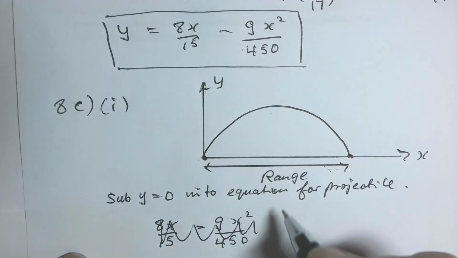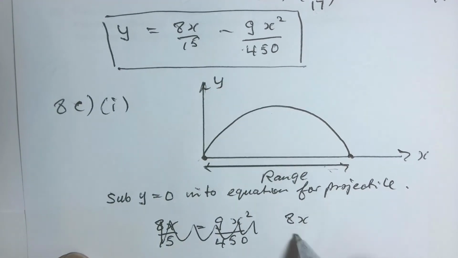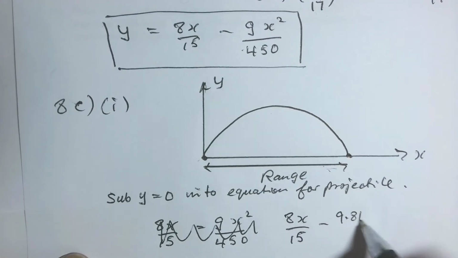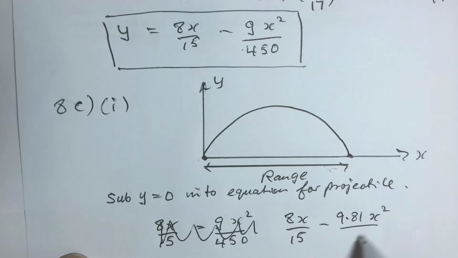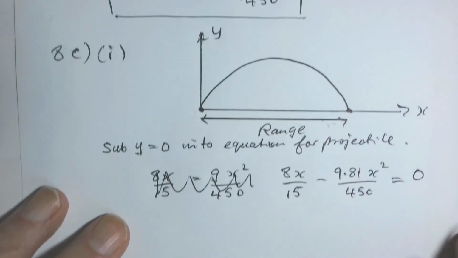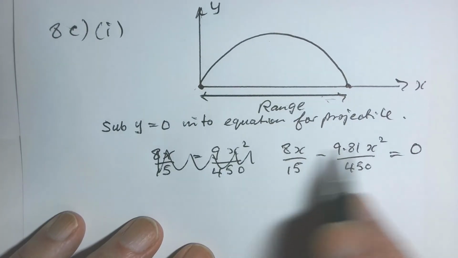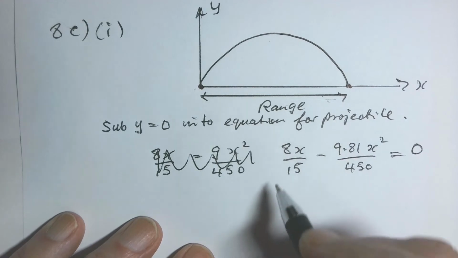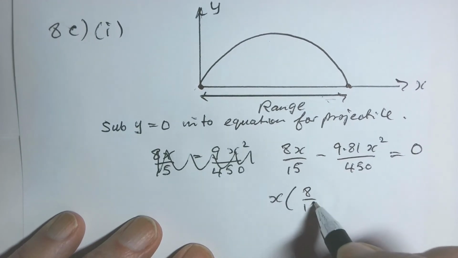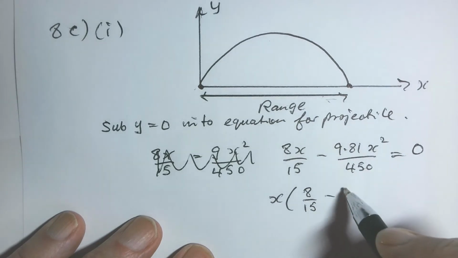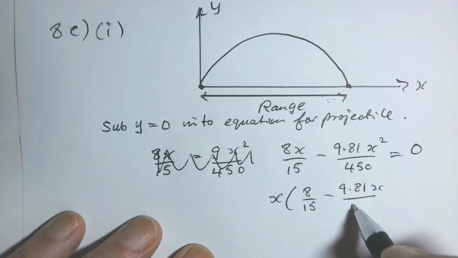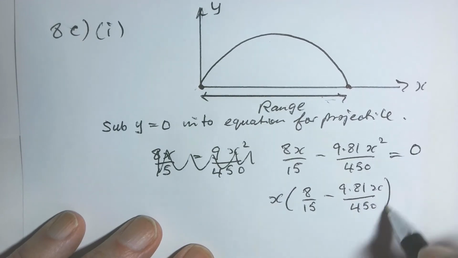So I get 8x over 15 minus 9.81x squared over 450 equals 0. Now I'm going to take out x as a common factor, and I get x times (8 over 15 minus 9.81x over 450) equals 0.